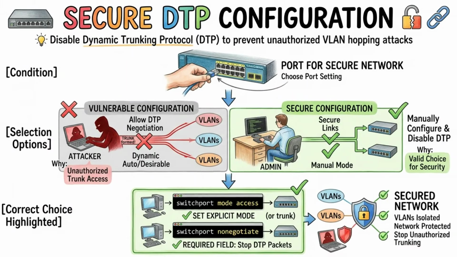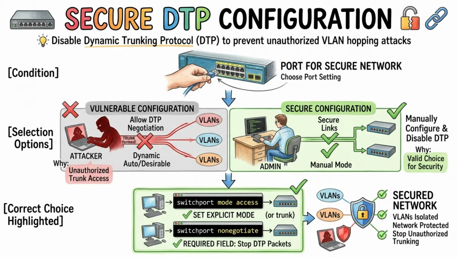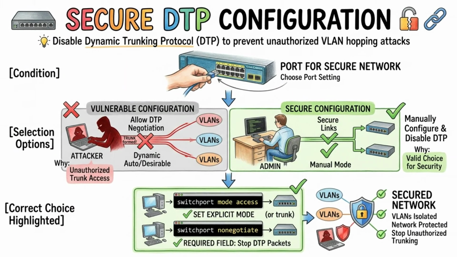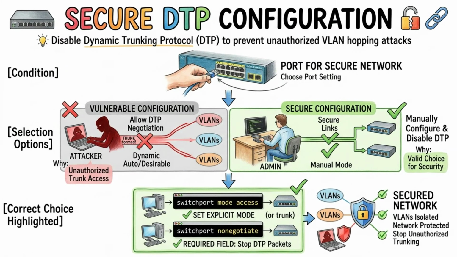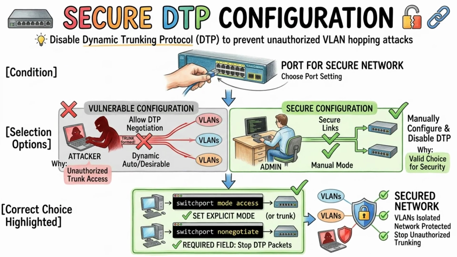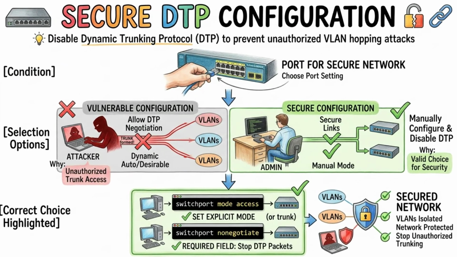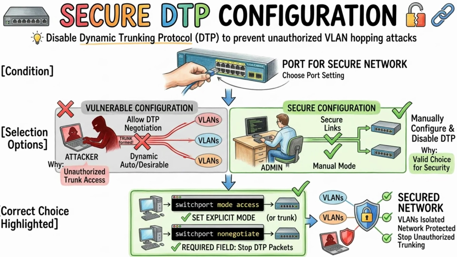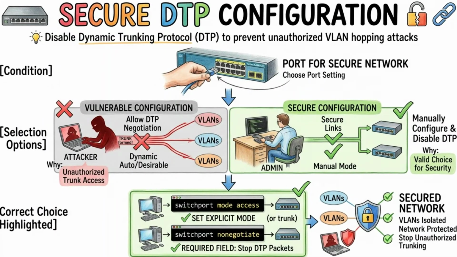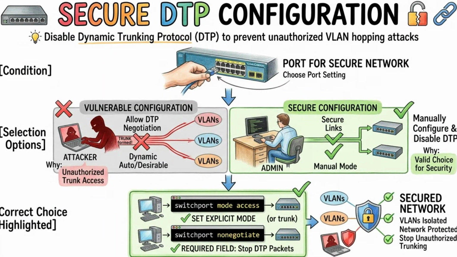While this sounds incredibly convenient, relying on automatic negotiation is actually considered a major security vulnerability in production environments. A clever attacker could theoretically plug a laptop in and trick the switch into forming a trunk, gaining unauthorized access to every single VLAN in the building. As a certified professional, you should always manually configure your switch ports and proactively disable automatic DTP negotiations.